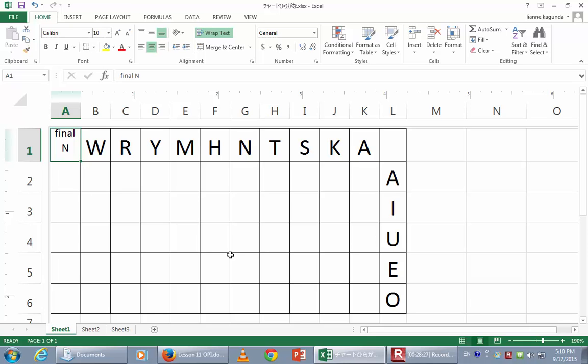How do you determine whether or not to put a small tsu, or just the final character? Usually, if it's a final T, it goes to to. If it's a final of anything else other than a T, usually it goes to an U sound. So if I was doing my full name, would I use a new sound?